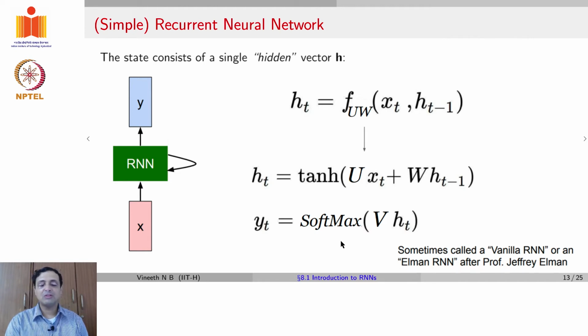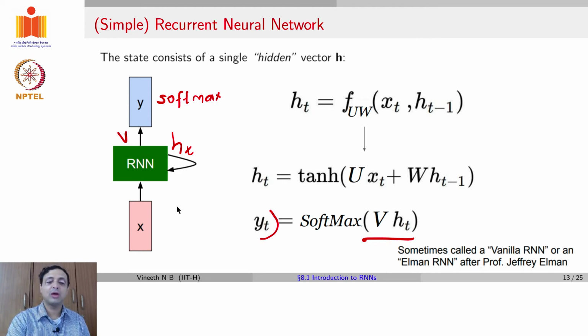yt could have a softmax of V into ht. So if you had an output ht that comes out of this RNN, then you have a set of weights V here which multiplies ht, and then if you are dealing with a classification problem, you apply a softmax on that V ht to give your final output of the RNN.